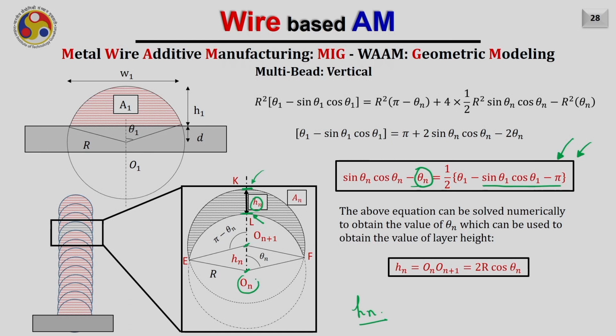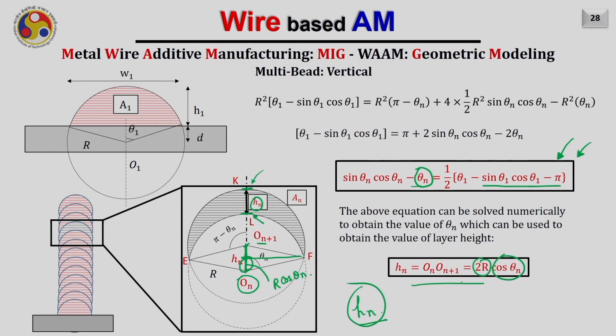On is the center corresponding to the nth bead and On plus 1 is the center corresponding to the n plus 1th bead. Therefore, the value of Hn will be nothing but this distance. And we have already seen the half of this distance. The half of this distance will be r cos theta n, and the total will be 2r cos theta n.